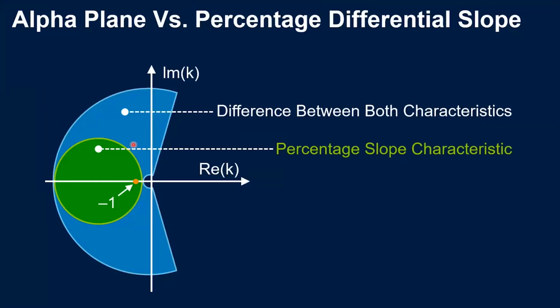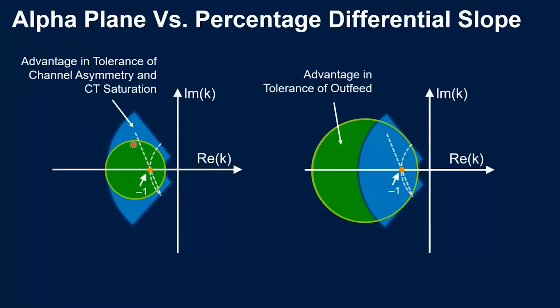Let's look at another example. Let's assume we have this alpha plane characteristic, okay? And that for this particular line, we have this possible CT saturation scenario and this possible scenario for CT channel asymmetry, okay? Synchronization errors. So with this traditional characteristic, we'll be mistripping in some cases due to CT saturation or synchronization errors.